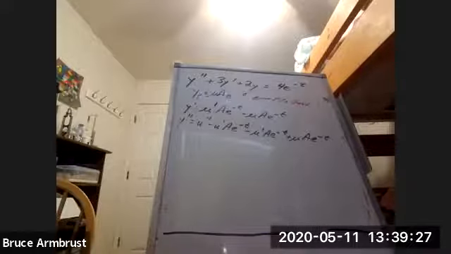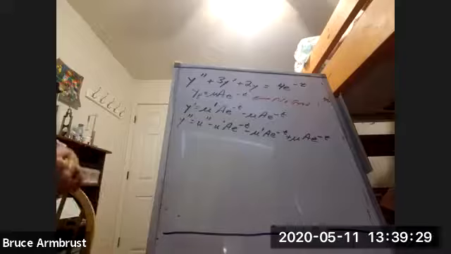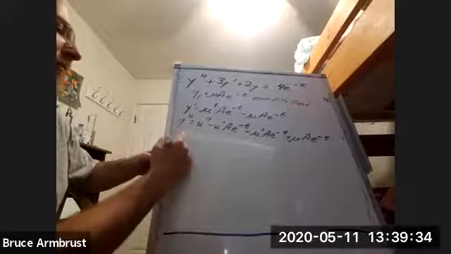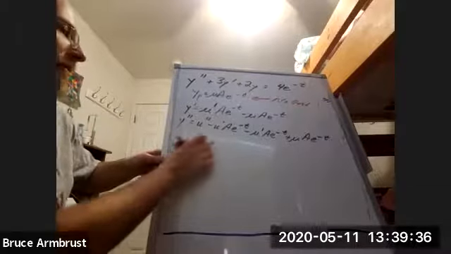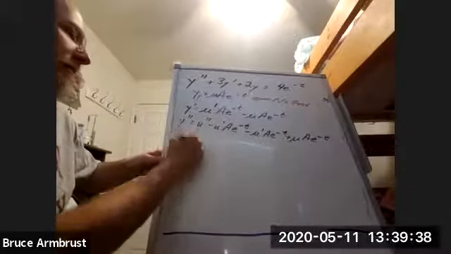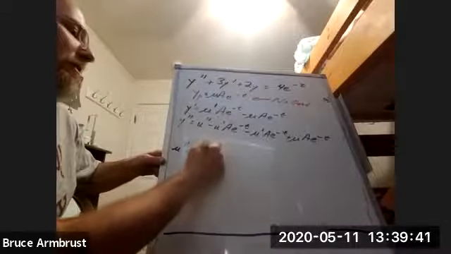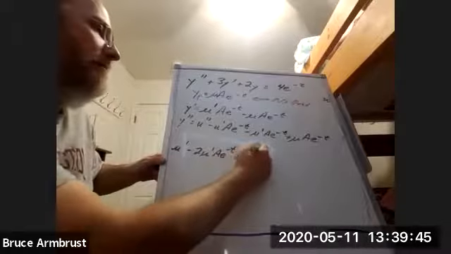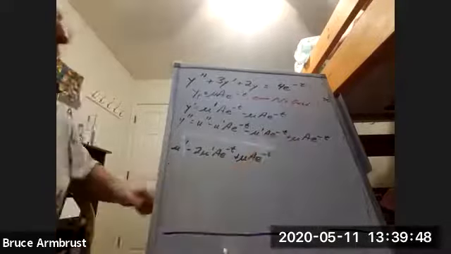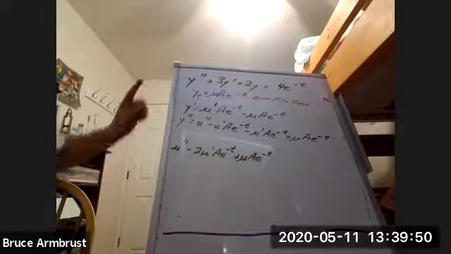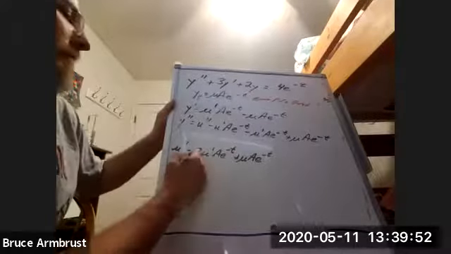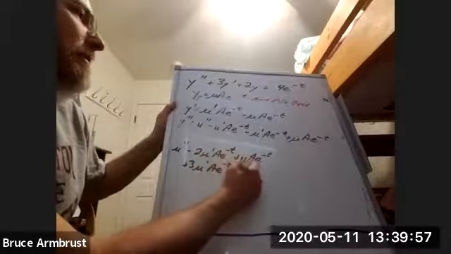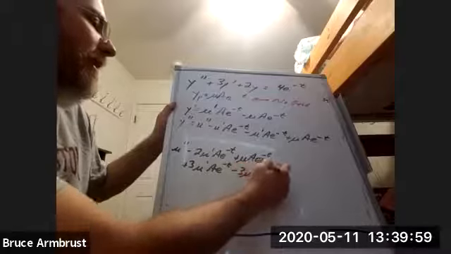All right, so putting that back into the differential equation, I can combine these a little bit. So I'm going to get mu double prime minus 2 mu prime a e to the minus t plus mu a e to the minus t. That was my y double prime. My plus 3y prime is going to give me plus 3 mu prime a e to the minus t minus 3 mu a e to the minus t.